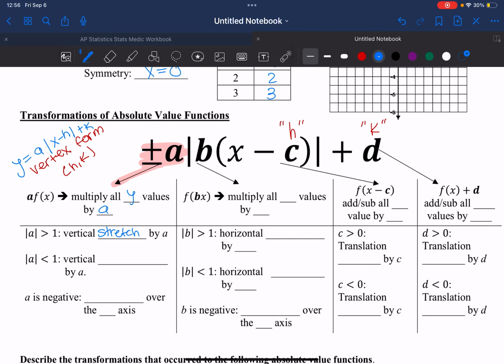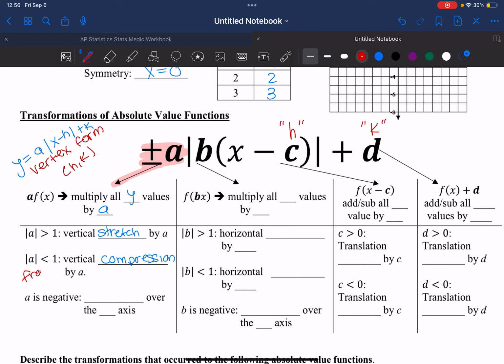If our absolute value is less than 1, we're going to have a vertical compression by a. Pay attention here where it says the absolute value of a is less than 1. Remember, the absolute value can only be positive, so it's not talking about negative numbers. It's not talking about just any number smaller than 1.